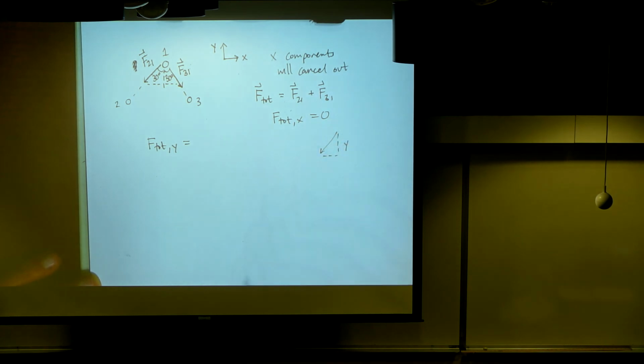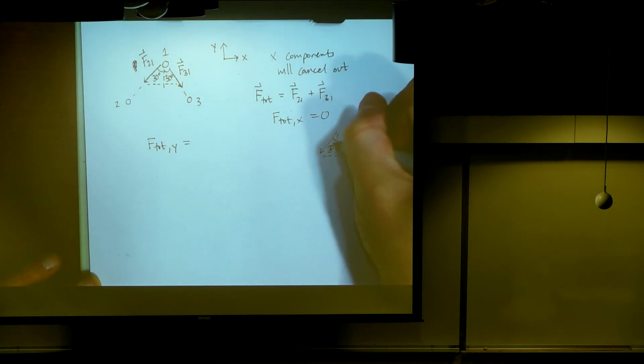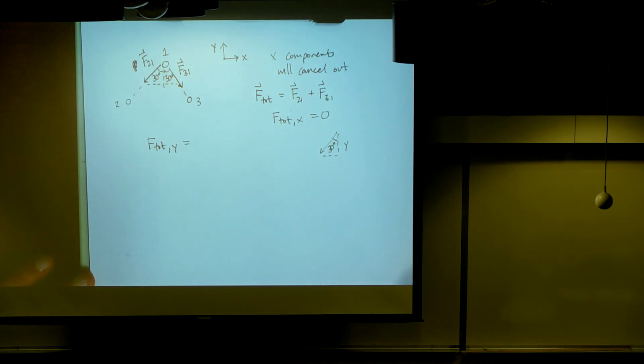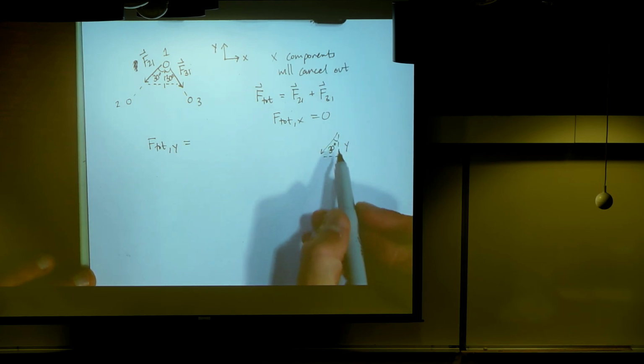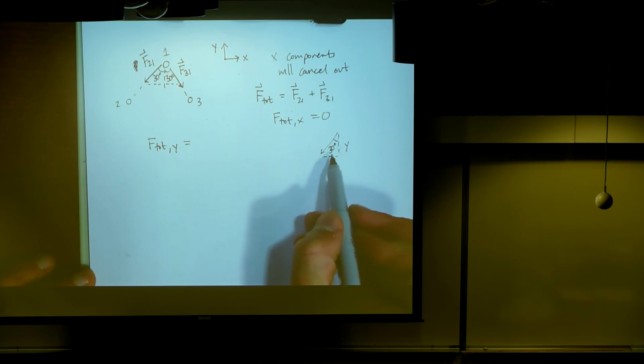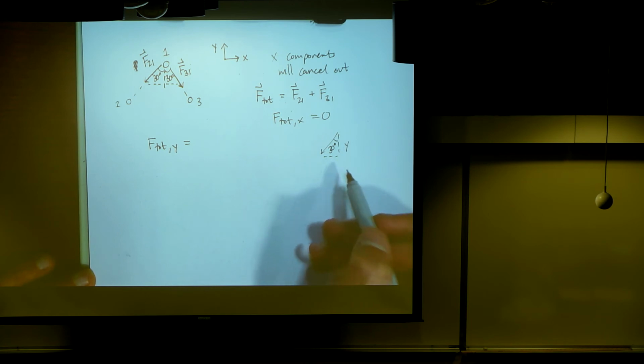If this is the Y component right here, and this is my 30-degree angle right here, what do I use? Sine, cosine? Yeah, I'm going to be using cosine of 30 because this Y component is adjacent to my 30-degree angle. Y'all see that? Adjacent goes with cosine, opposite, which would be over here, that would go with sine, okay?